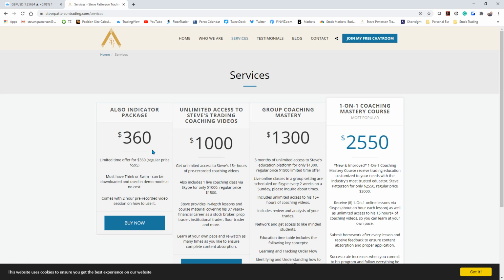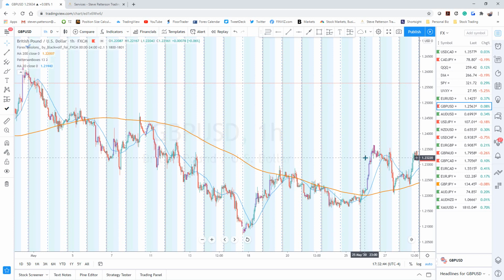Because like I said, this algo is lagging. What I do in this course or in my video lessons, it's way faster and it's much, much more powerful. When I'm using the algo, obviously, I have to use wide stops. When I'm trading without the algo, I can use much, much tighter stops, and so my profits are much greater.